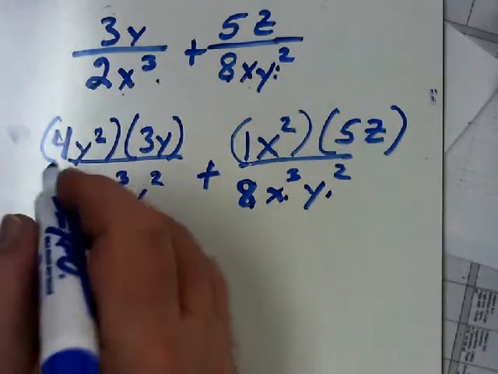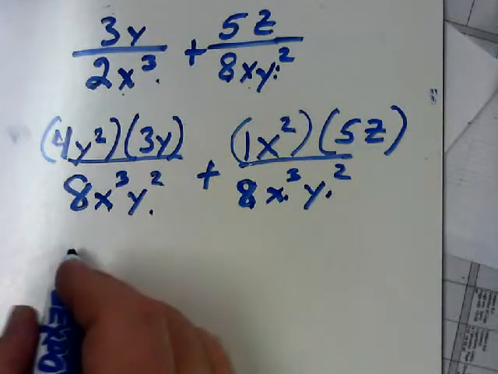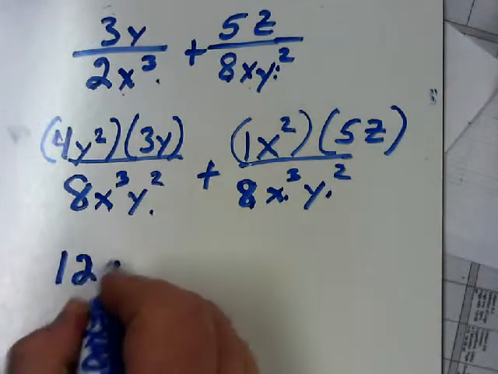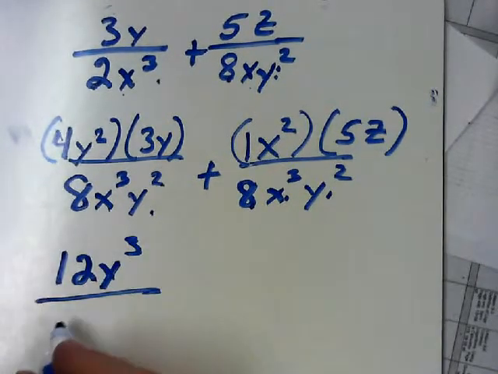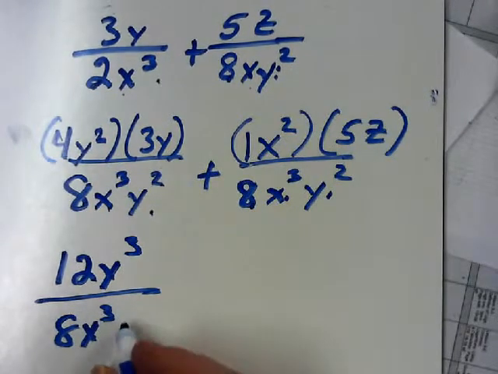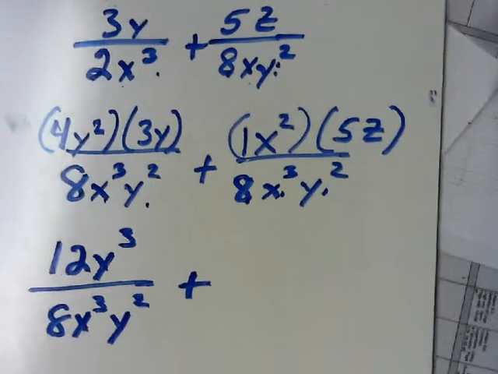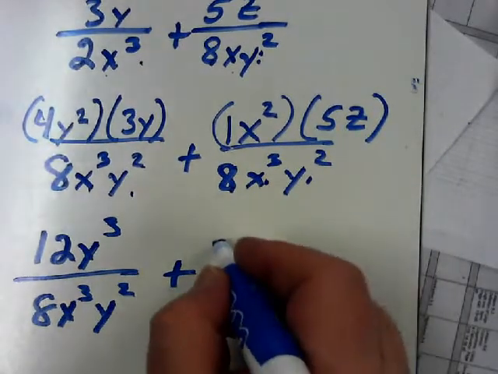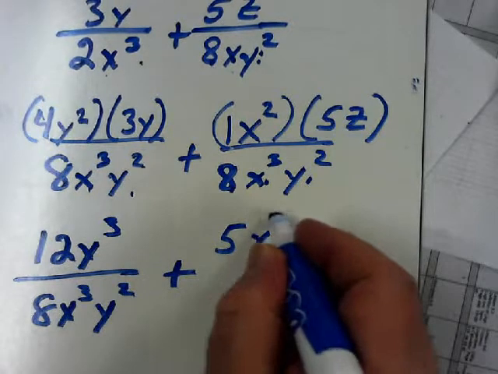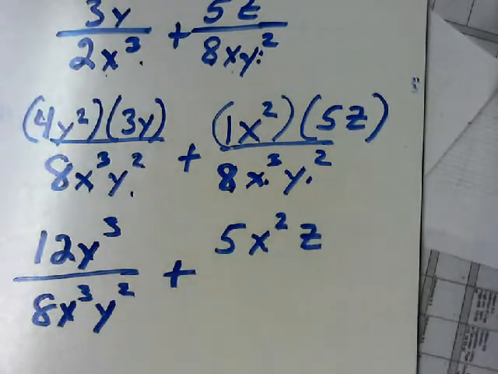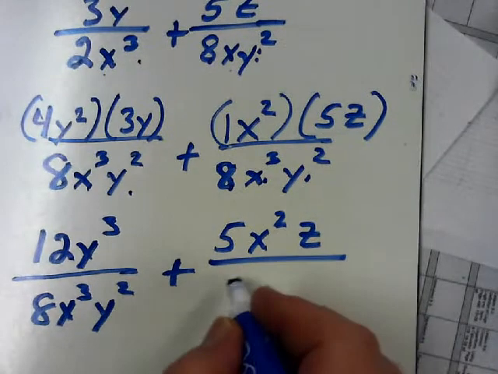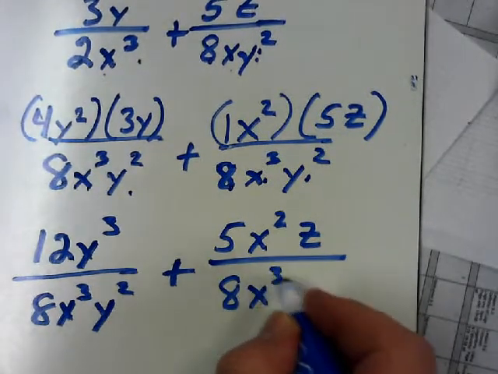So what's 4y squared times 3y? 12y cubed over x cubed y squared plus 5x squared z over 8x cubed y squared.